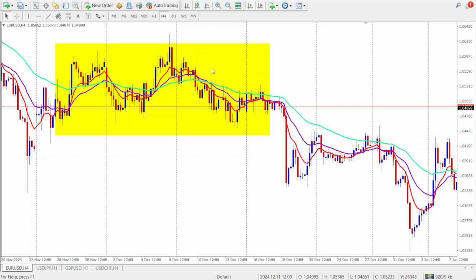So now you will notice that we had crossovers within this range, but these signals were not tradable, I would say, because it was so rough. Basically, moving averages are trending indicators, so it's advisable not to use them in ranging markets.